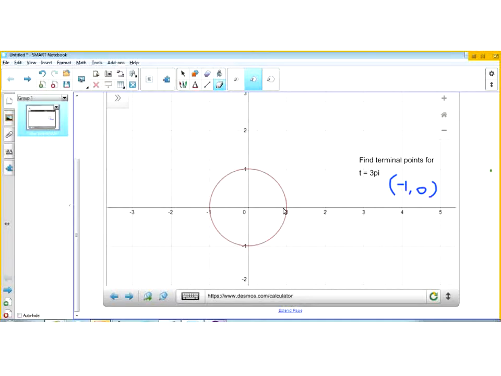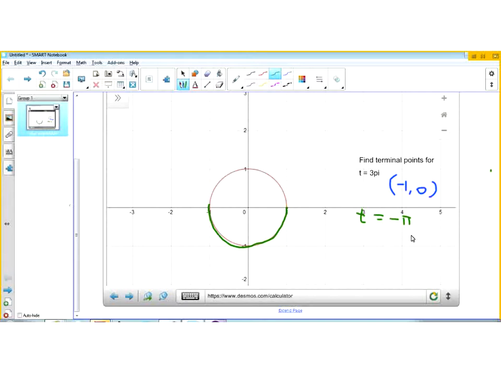All right, so let's find the terminal point for t equals negative pi. To find it, we start at the point 1, 0, and we'll walk clockwise pi radians.